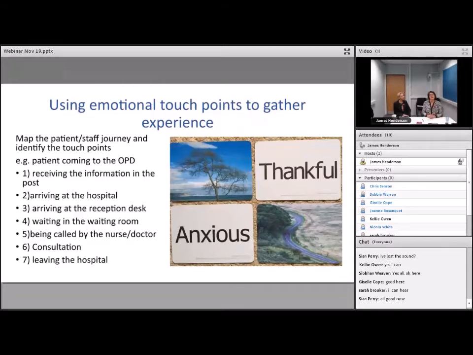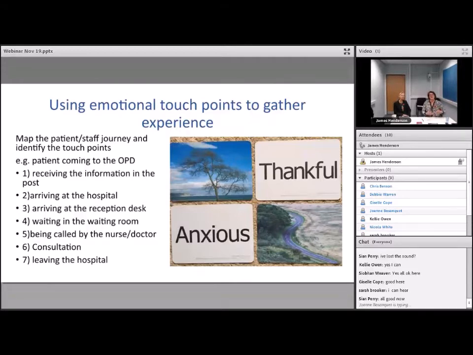I've given you a journey here, an example of somebody coming into an outpatient's department. Some typical touch points on that journey might be, first of all, receiving the information in the post, second, arriving at the hospital, third, arriving at the reception desk, fourth, waiting in the waiting room, fifth, being called in by the nurse or doctor, sixth, consultations, seventh, leaving the hospital.